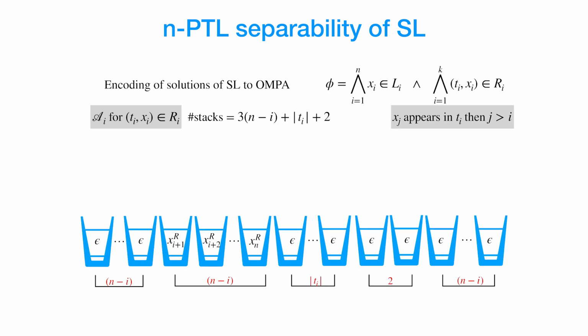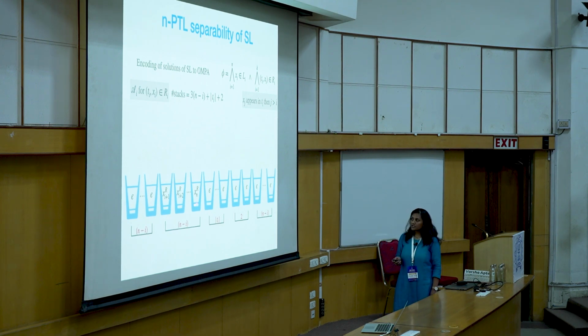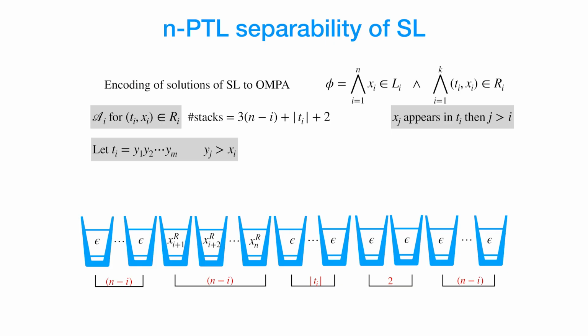Now in the next phase, we will again pop from these n minus i stacks and push the contents in the last n minus i stacks. As well as during this process, we will also push the values of these variables, if they are present in ti, into the third set of stacks.